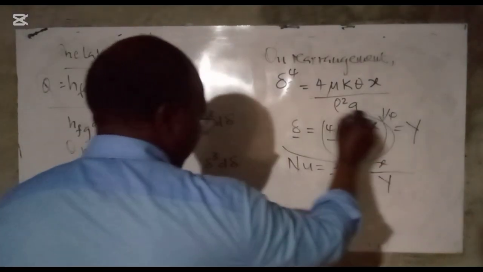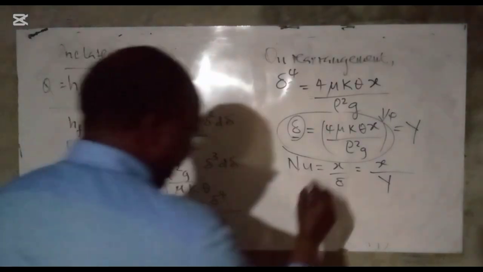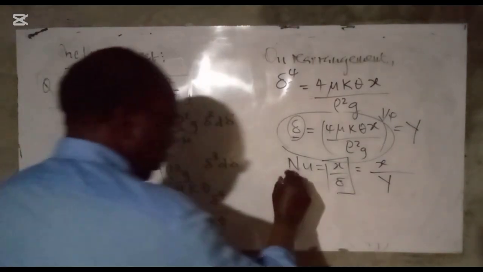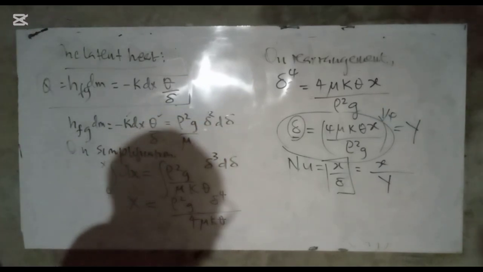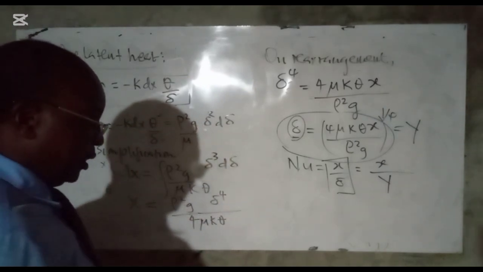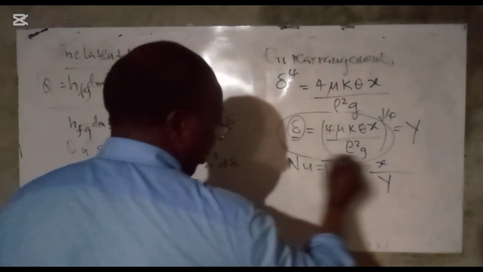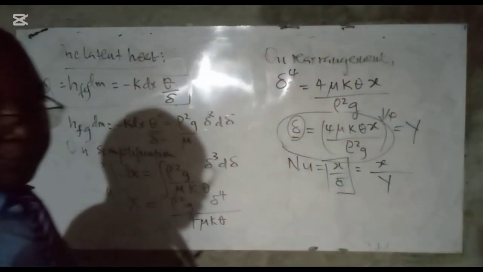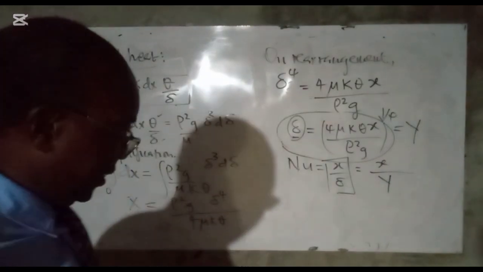So now we are able to compute the boundary thickness, and we can completely compute the Nusselt number, because we have the dimensions. Now we have the expression for the thickness of that boundary layer.